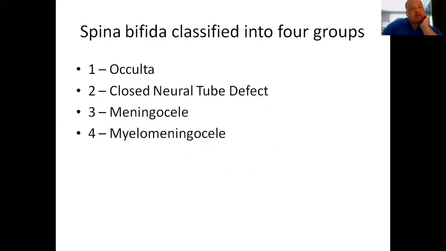Spina bifida is put into 4 different categories depending on their severity or development. Excuse my pronunciation of these 4 categories, but the first one is occulta, and this is the very simplest form of spina bifida, and sometimes goes unnoticed because it is such a mild form.